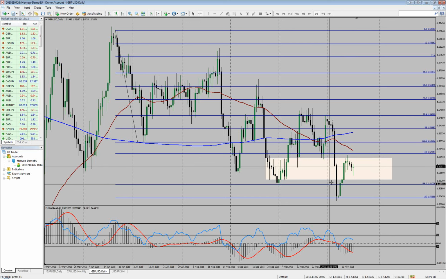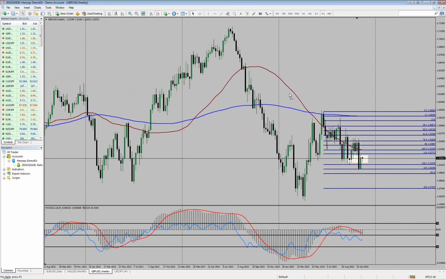That also is very close to our 138.2% Fibonacci retracement zone as well. So that being said, we might see a small fake breakout testing the 1.51 level and see the pair reversing backwards bullish as well. I'm expecting the market to be bullish for the coming month, for December I'm talking about, but we will see at the end.